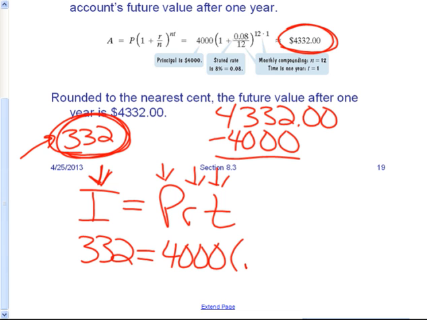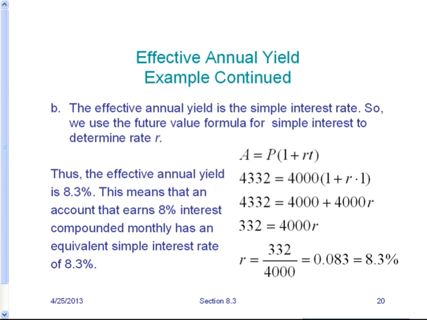I'm trying to figure out the interest rate, and I put it in for 1 year. So you'd solve for r, and you get an interest rate of 8.3%. By doing this to multiple accounts, you would be able to compare the effective annual yield and see which gives you the better deal.